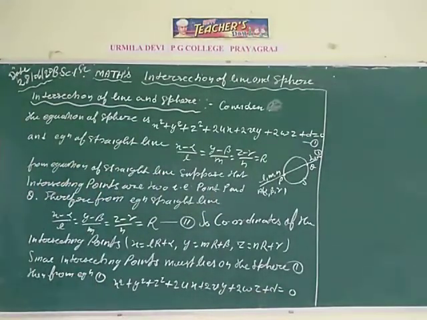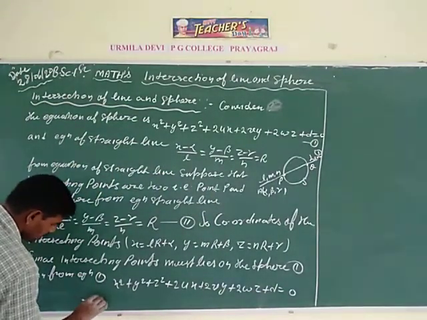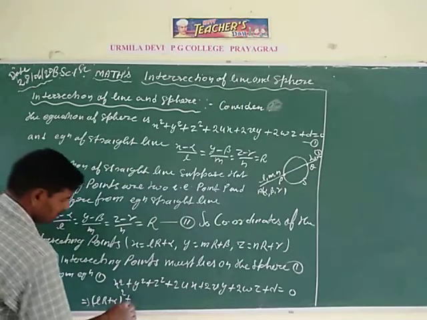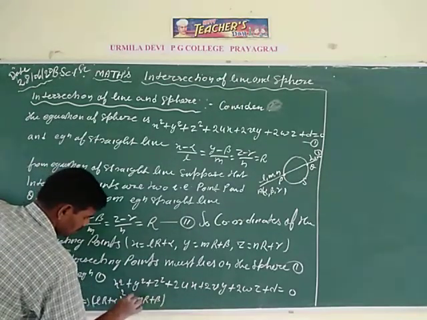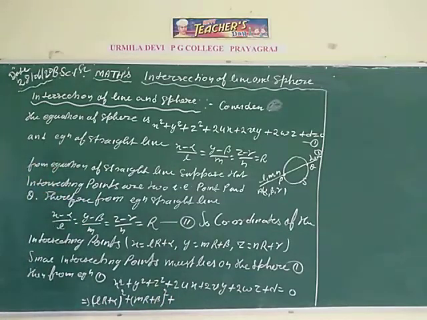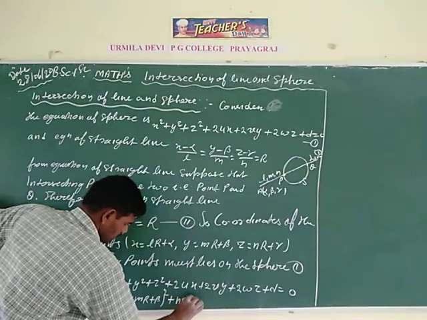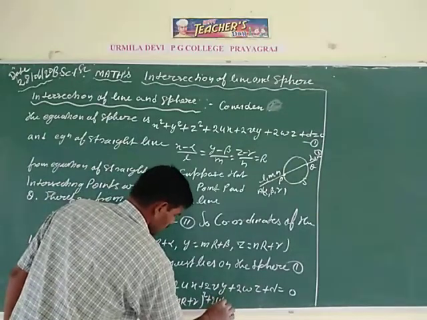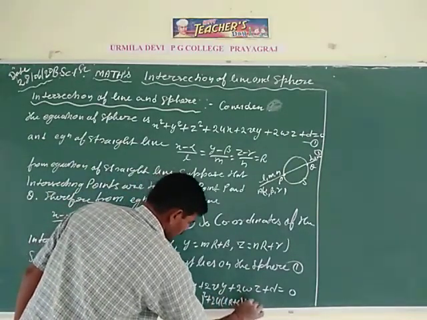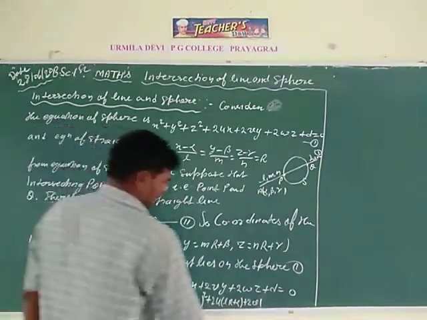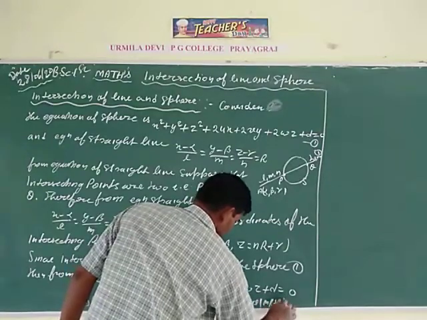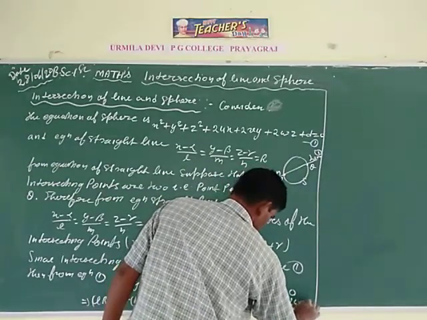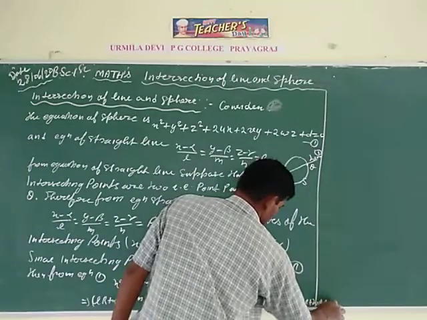Here x is replaced by lR plus alpha, so (lR plus alpha) whole square, y replaced by (mR plus beta) whole square, and z replaced by (nR plus gamma) whole square, plus 2u times (lR plus alpha), plus 2v times (mR plus beta), and at last 2w times (nR plus gamma), so plus d is equal to 0.